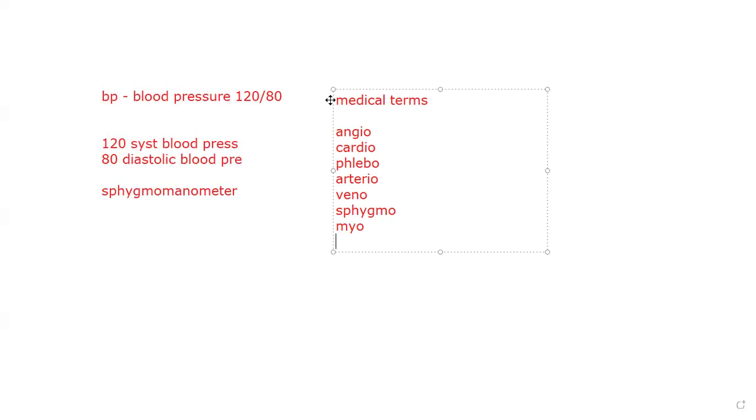Mostly only these they will ask. Angio means blood vessel. Cardio means heart, as I already told. Phlebo means vein. Arterio means artery. Veno means vein. Sphygmo means pulse. Myo means muscle.